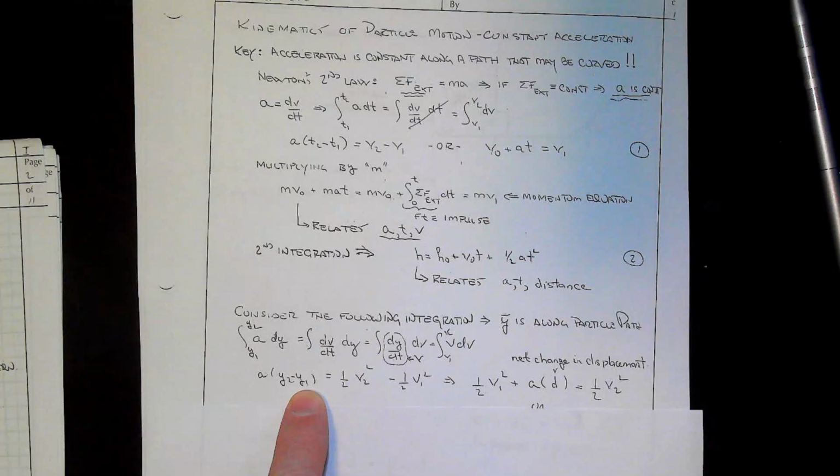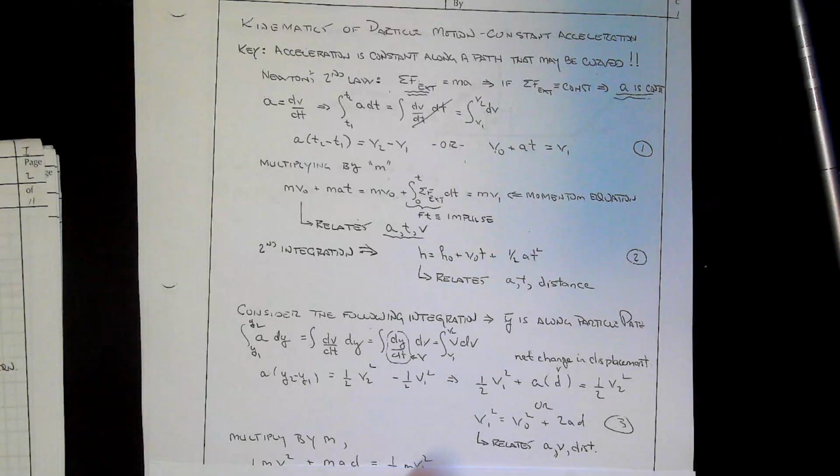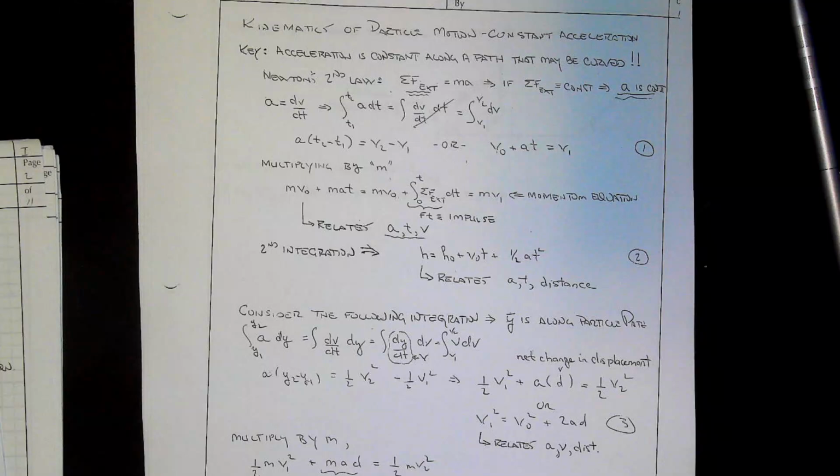So acceleration, we know, is dv/dt, and I'm going fast here because you should have all seen this already. If we integrate acceleration, since acceleration is constant here, that just becomes a times the quantity t2 minus t1. But acceleration is also dv/dt. We can cancel the dt's and we get v2 minus v1 here.